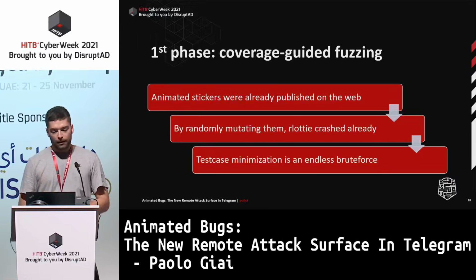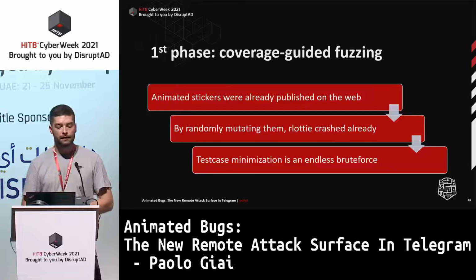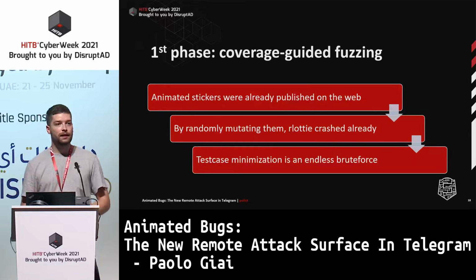But since I had already some crashes, I wanted to try to have a little test case minimization and root cause analysis. The problem here is that since the animated stickers inserted in the corpus were coming from the online communities, they included a lot of useless data for the actual crash to happen, for example, metadata or comments or stuff like that.